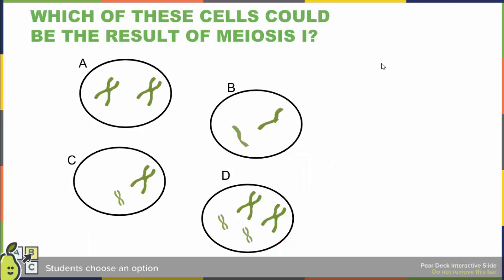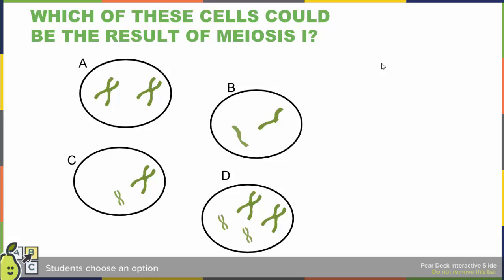All right, which of these cells could be the result of meiosis 1? So think about what happened in meiosis 1. We said that we wanted to separate the homologous chromosomes. So the mother and father versions had to be separated. I know these are all in green, but it shouldn't matter.